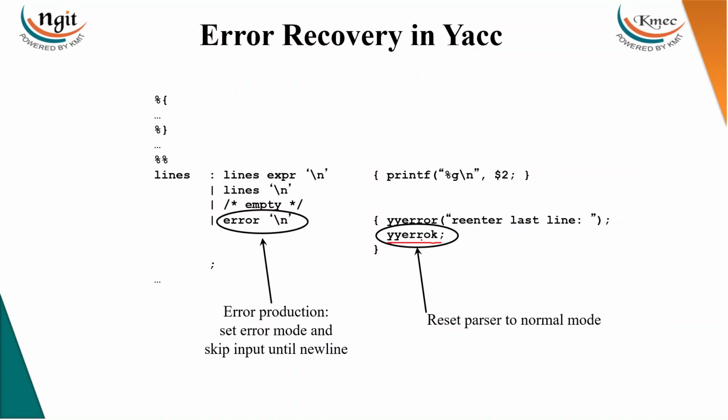We have many other error recovery methods in Yacc, but we have just gone through the most popular one. Whenever you get an error, we recover by using some appropriate message or by calling some error handling method. So this is about the parser generator.